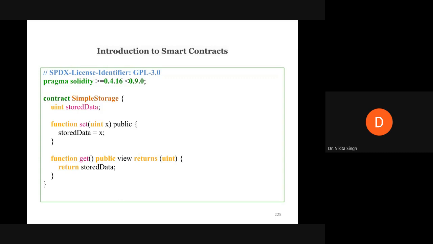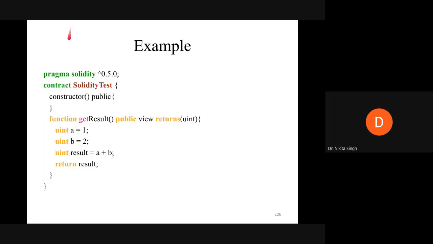Okay. Now let us look at another example here. Now it says pragma solidity. Now here you have the symbol and then the version. Now if you want only one specific version to be used, that is, if you want a specific version of the compiler to be used, you will use this symbol here.